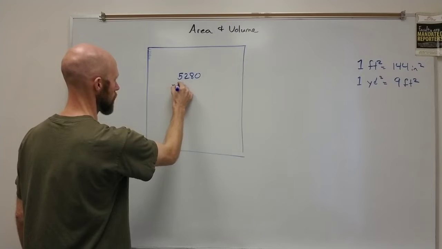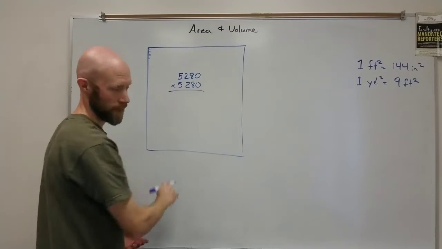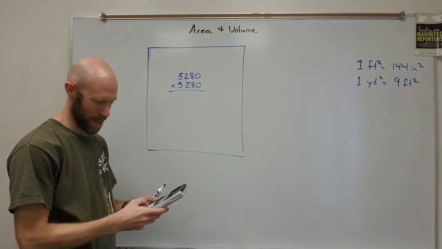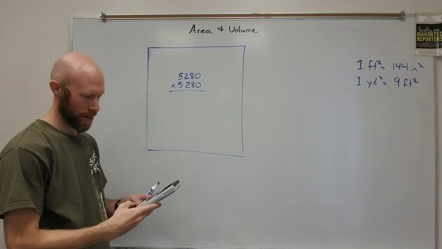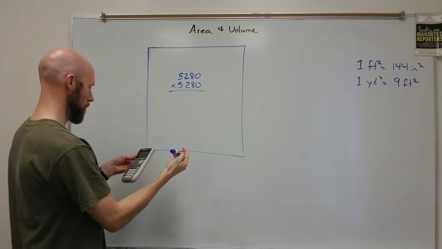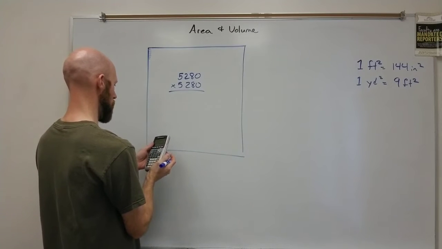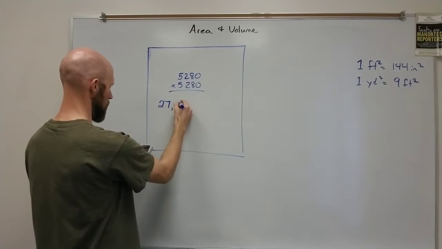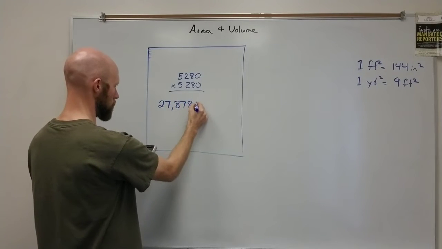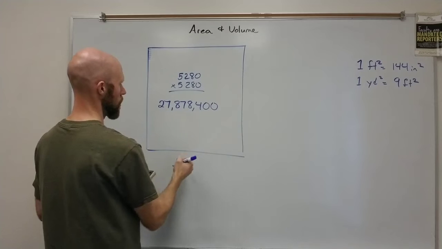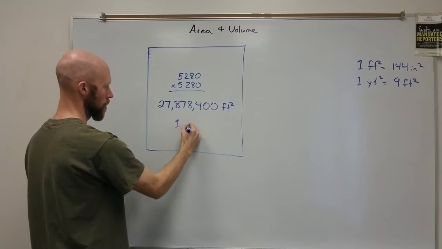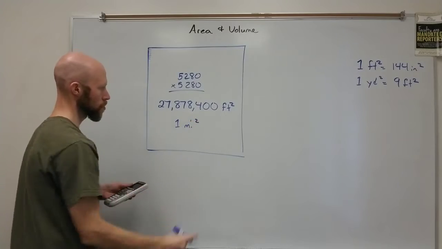Who wants to do that one? My calculator does. So 5280 times 5280 is a big number. It is, I can't even read it, 27,878,400 square feet is equal to 1 square mile.